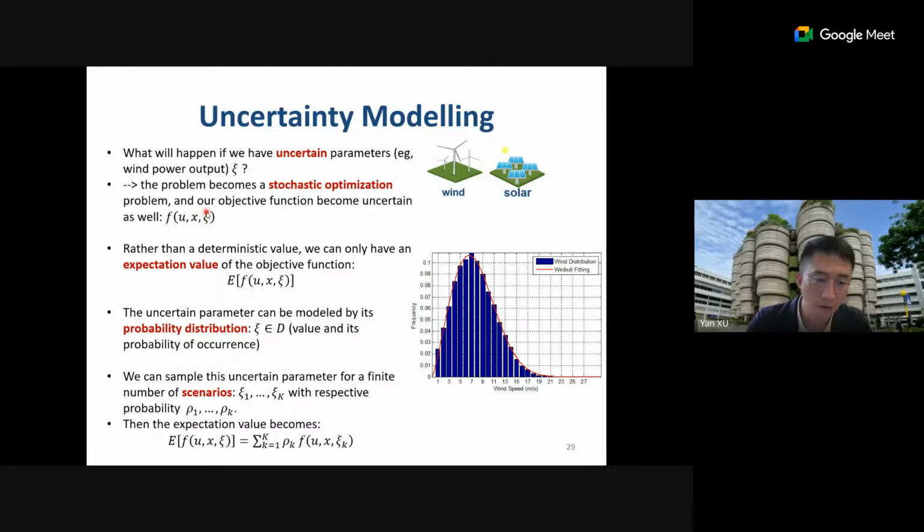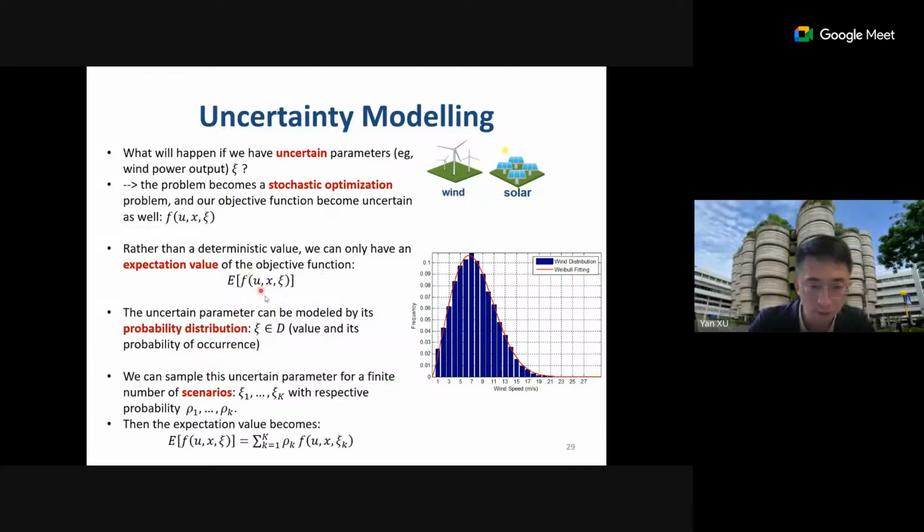Now, instead of minimizing the single objective value, we are actually minimizing the expectation value of f, because now with the uncertain parameter here, the value of f could have multiple cases, multiple so-called scenarios. So we will minimize the expectation over the different scenarios of the value, okay? So you can see the objective function becomes the expectation E of f.